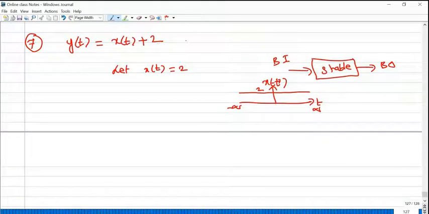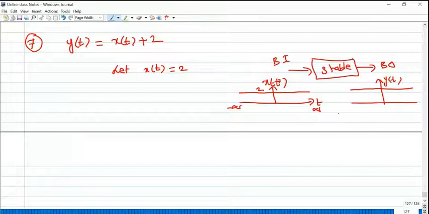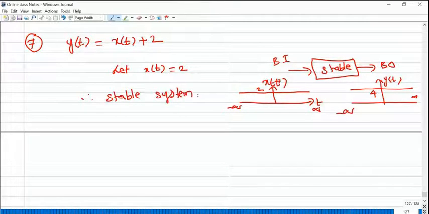So 2 plus 2, I'll get 4. From minus infinite to infinite, the y of t amplitude is finite. Therefore, this is stable system. So in general, please remember a stable system should give a bounded output signal for a bounded input signal.